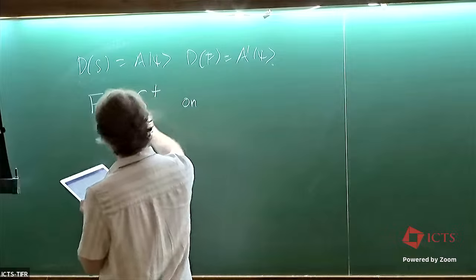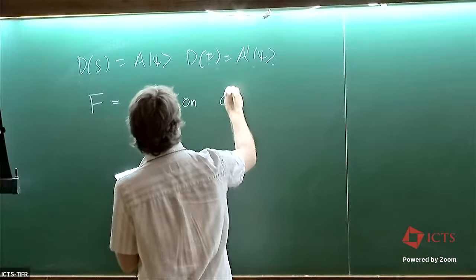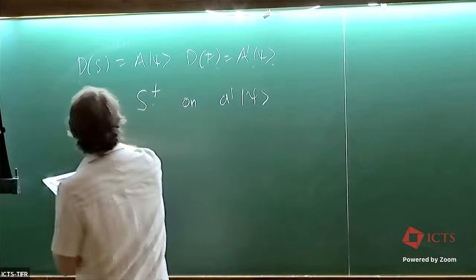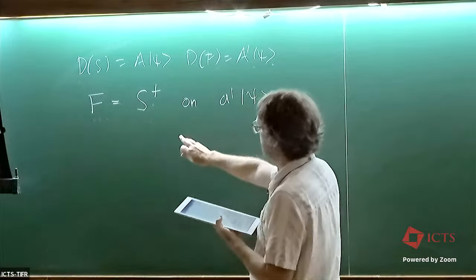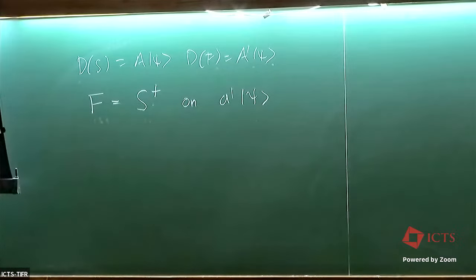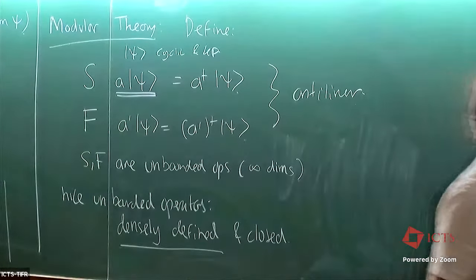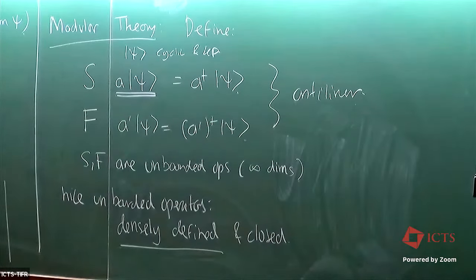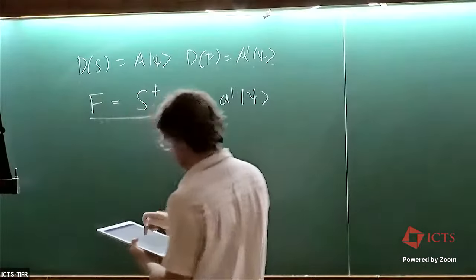So on these states, you have F as the adjoint. This uses the adjoint of an operator, and these operators are antilinear, so you need the adjoint of an antilinear operator. But once you have those definitions, it's really easy to show this. It's in my notes, but I won't go over it.